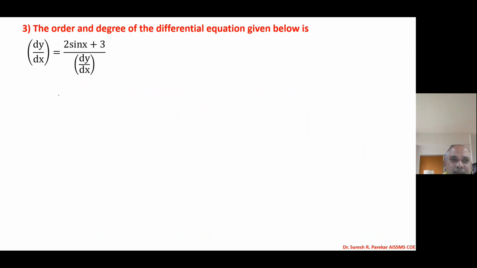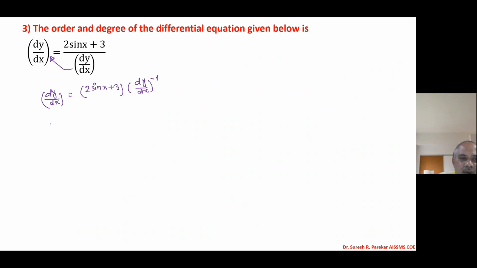Then we have the next one. As I just mentioned, we cannot have a negative power. If you solve this, we have dy by dx equal to 2 sine x plus 3 in the denominator. If you take it in the numerator, then we have (dy by dx) to the power -1. Now a minus is not allowed, because if a minus is there, we cannot find the degree.